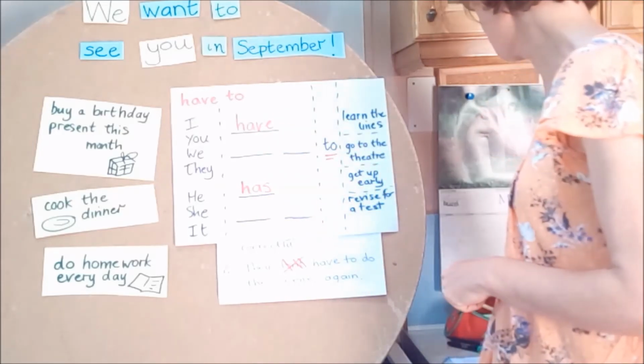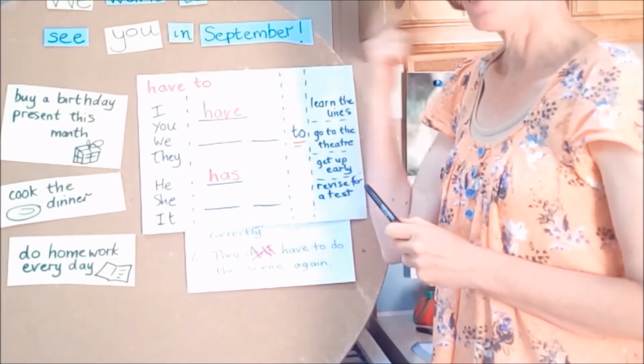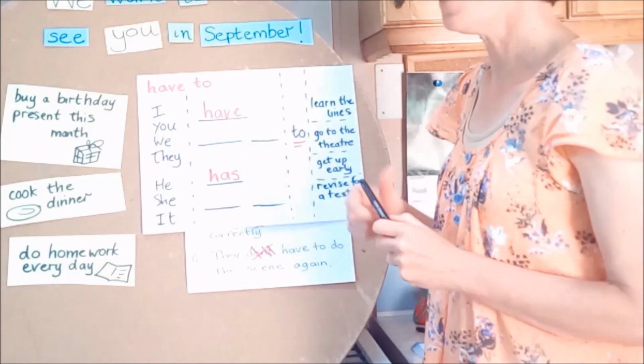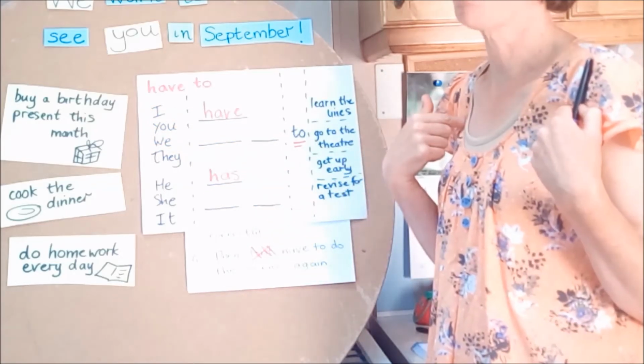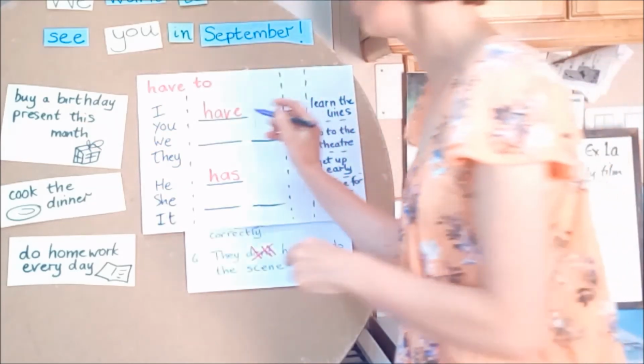Should we do the negatives in a different colour? Like we did in the previous sentences, I and you at the moment don't have to go to school.